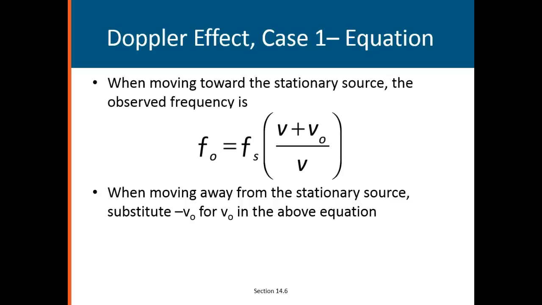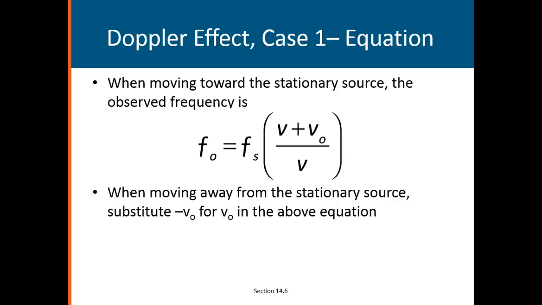That's the actual frequency of the wave multiplied by the sum of these two velocities: the velocity of the observer plus the velocity of the wave, divided by the velocity of the wave. When moving away from the stationary source, you substitute minus v sub O up there, and then that gets less.